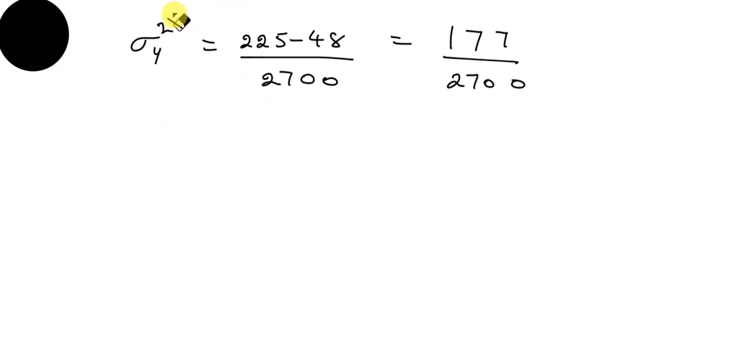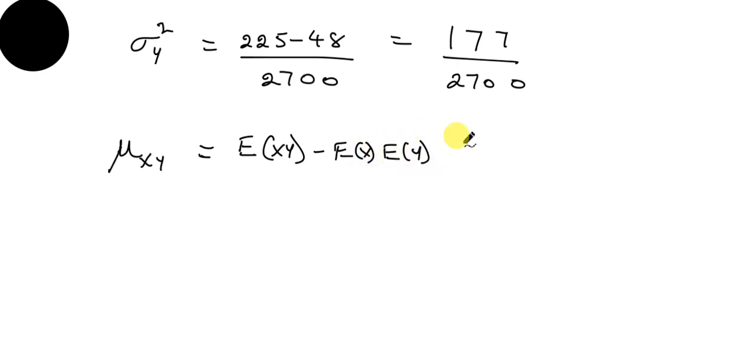Once I get the sigma x squared and sigma y squared, my next task is to find mu xy. What happens to this mu xy? This is nothing but E of xy minus E of x into E of y.